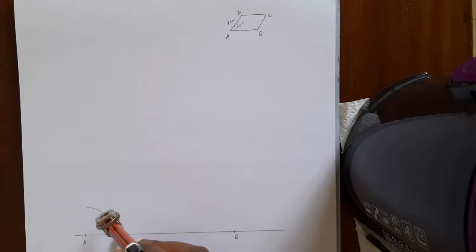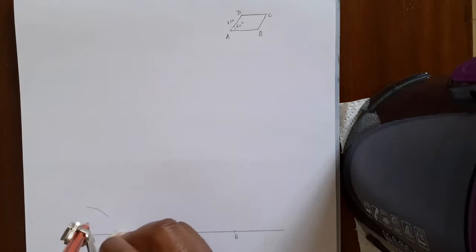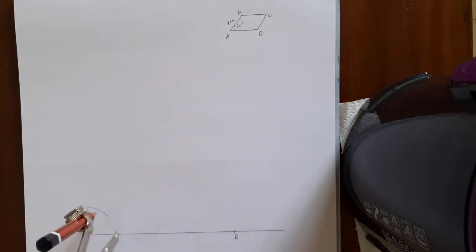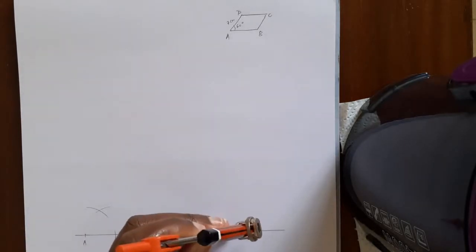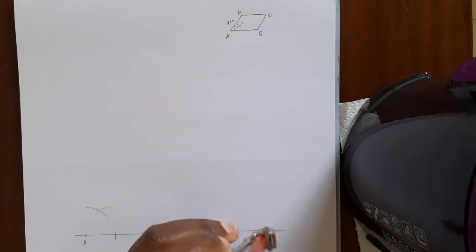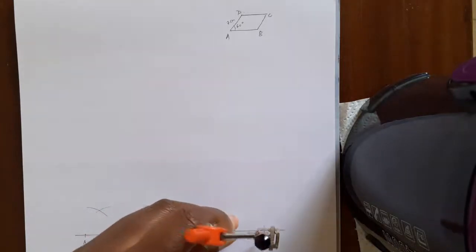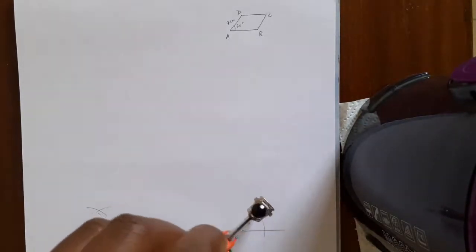Then on the arc that you've made on line AB, place your compass and with the same radius, make another arc. And where the two arcs meet, that is where we have angle 60 degrees. And since the exterior angle at B will also be 60 degrees, we can also construct 60 degrees at angle B. So we do the same thing.